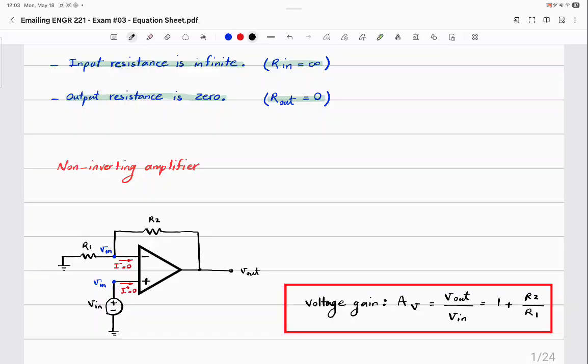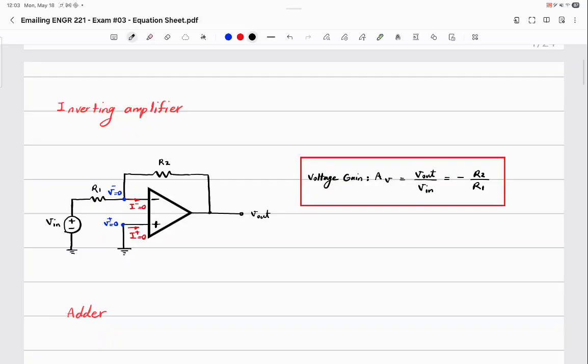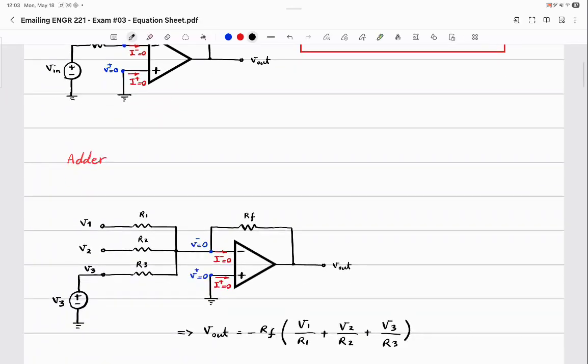What helps you in memorizing this equation is that the input signal should be given to the positive terminal to make it a non-inverting amplifier. For this one, the input signal is given to the negative terminal. That's why we call it an inverting amplifier. So if you memorize this, it will help.